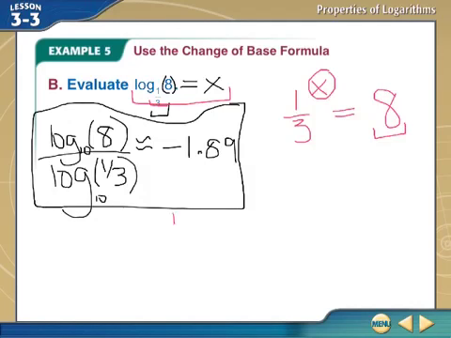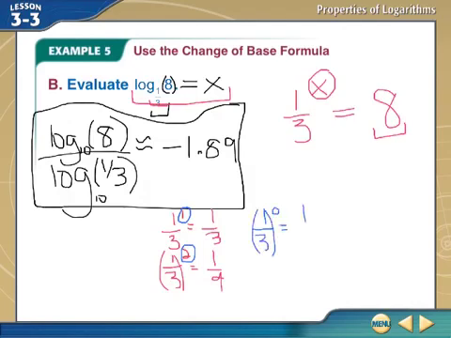Well, if I take 1/3 to the first, I know that's 1/3. 1/3 squared is 1/9. So my numbers are getting smaller as my exponent increases. I know that 1/3 to the 0 power is 1. 1/3 to the negative 1 is equal to 3.